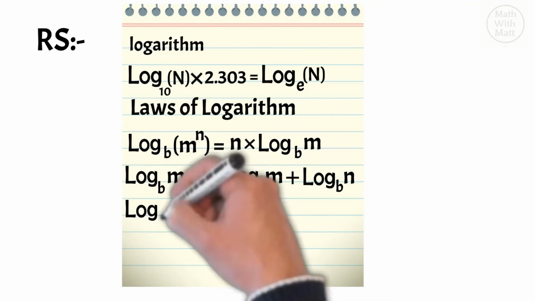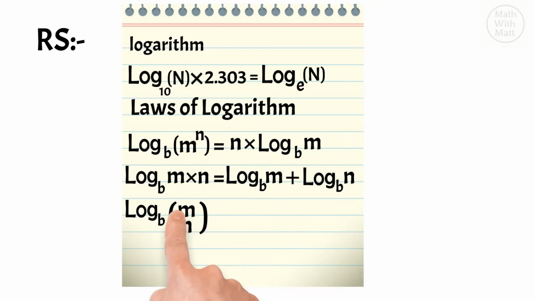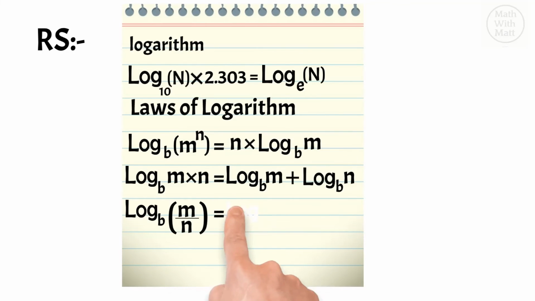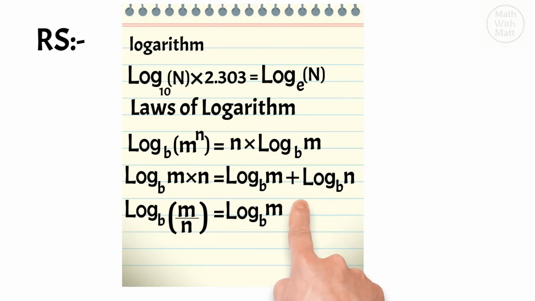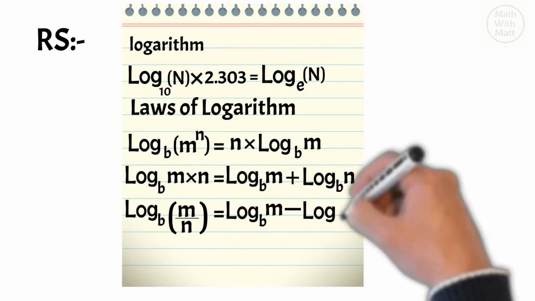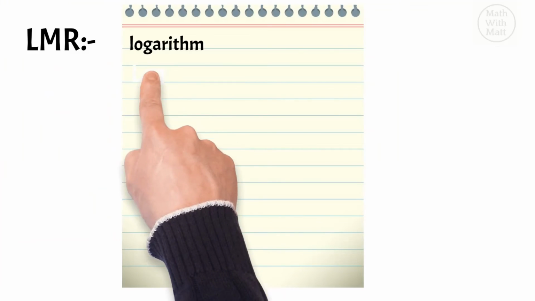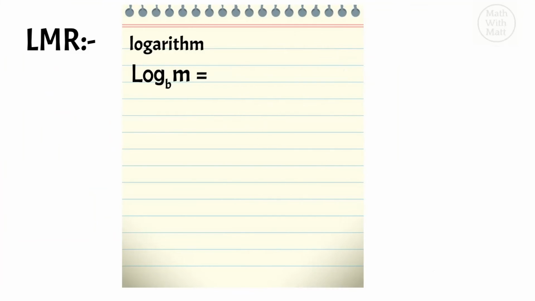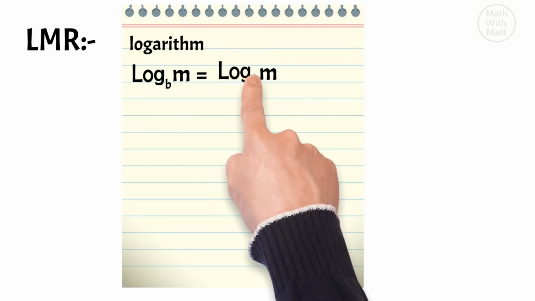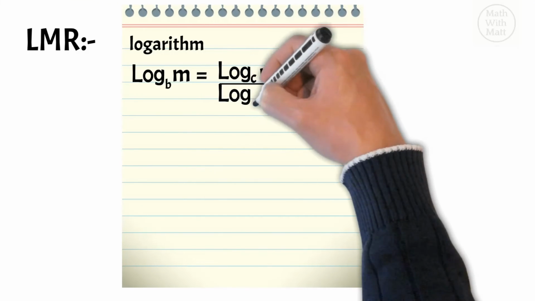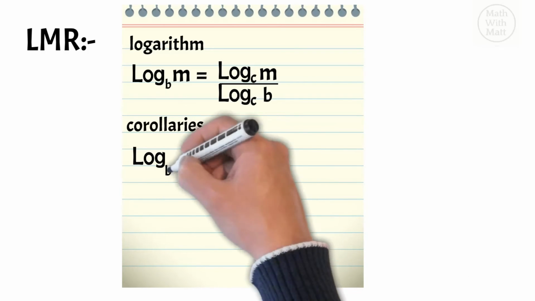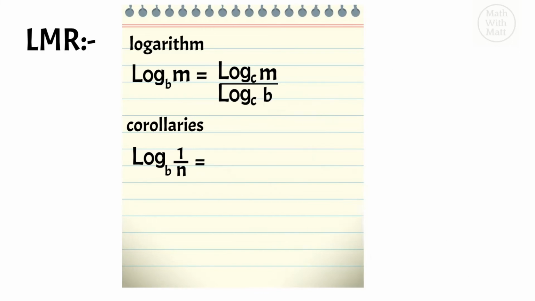The third one, the law of quotient. And finally, the base change rule. New manipulated formulae or corollaries also deserve to be mentioned here.